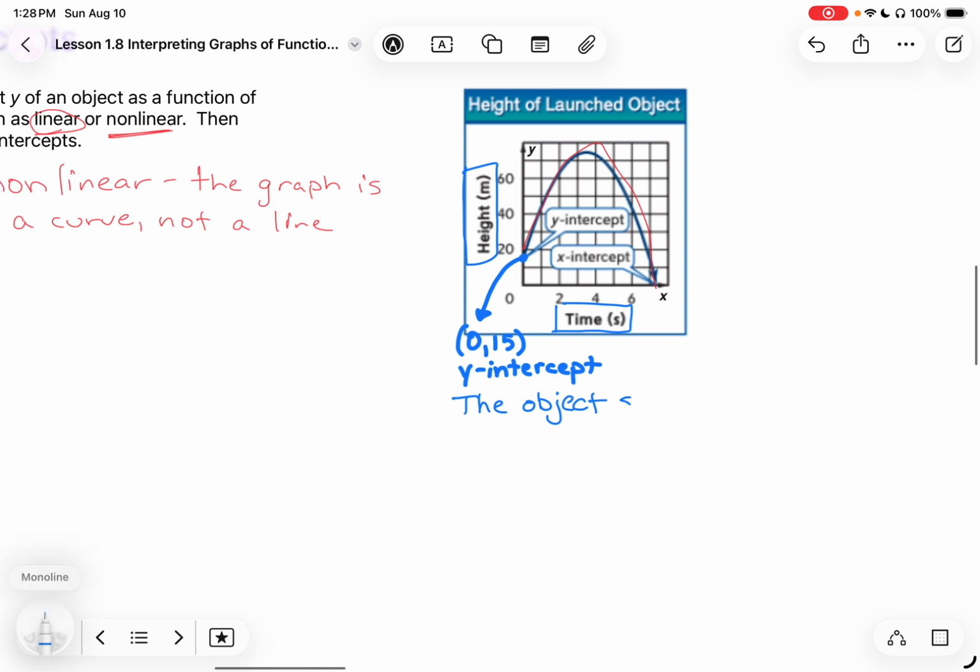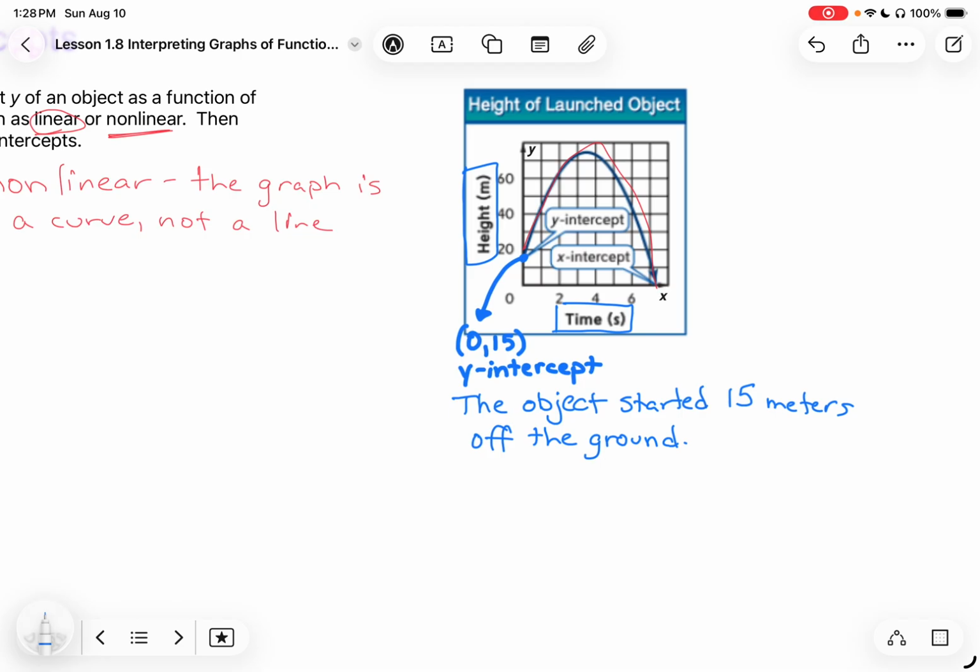So we're going to say the object started 15 meters off the ground, we'll say. We don't know if it's really the ground, but from wherever it was launched, it was 15 meters above there.